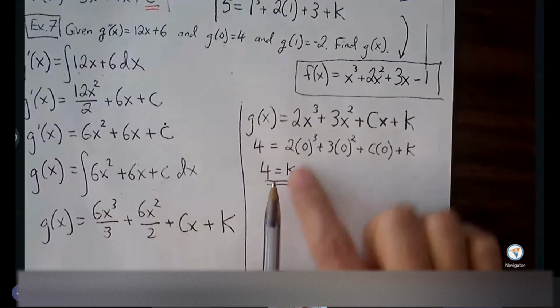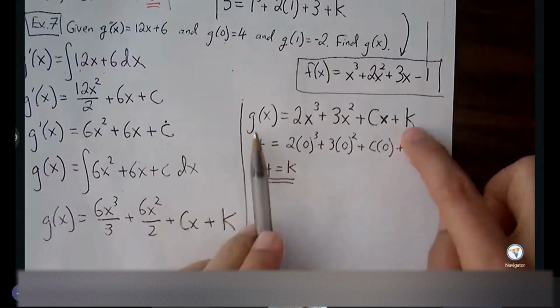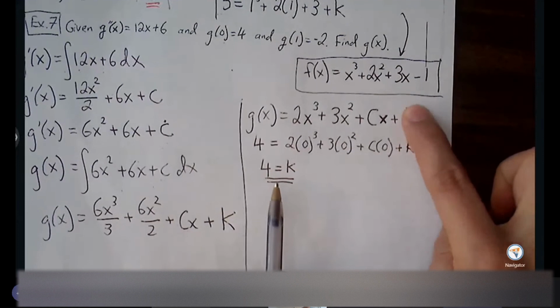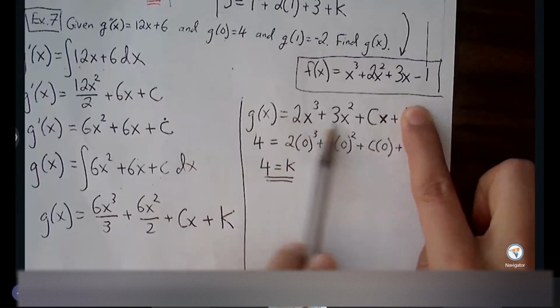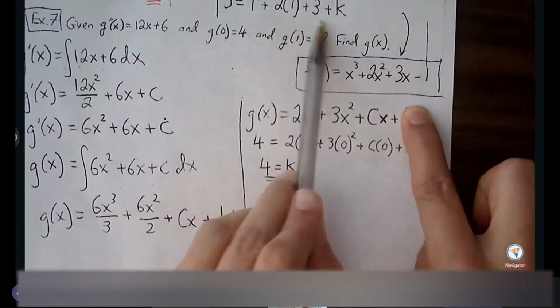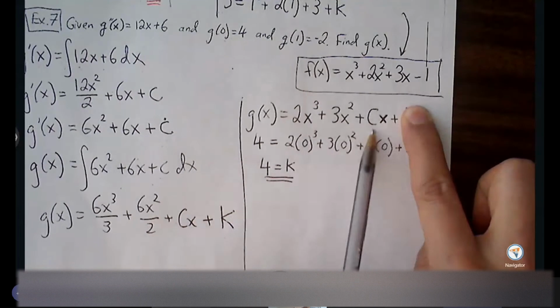Now that we have the k value, we're going to go back to our general equation and update the k with 4, and now that will allow this second ordered pair to plug in nicely, and we can solve for c.